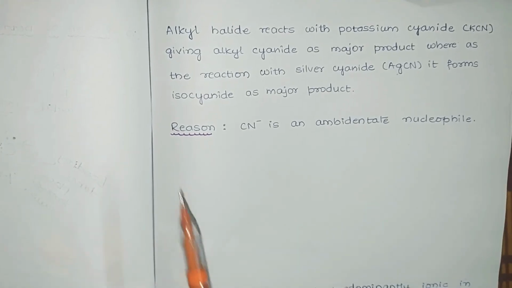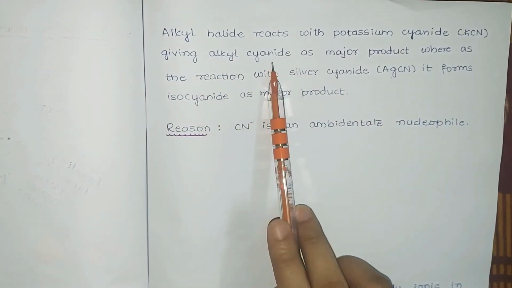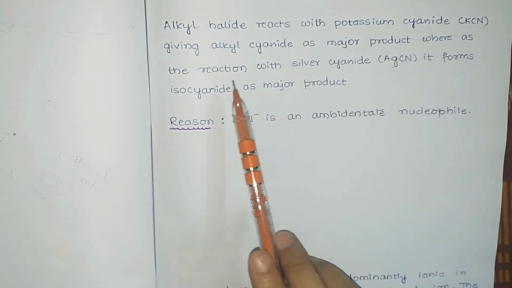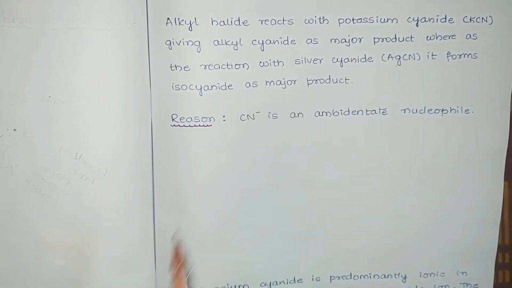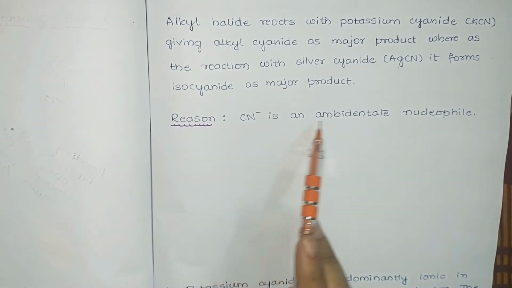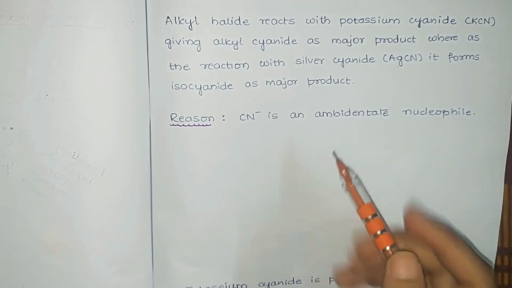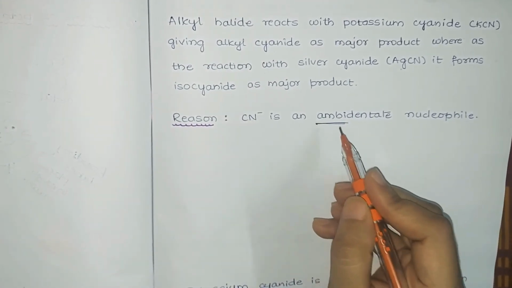As discussed, alkyl halide reacts with potassium cyanide giving alkyl cyanide as the major product, whereas the reaction with silver cyanide forms isocyanide as the major product. The reason for this is that CN minus is an ambidentate nucleophile. The term ambi means it can bond through either of the atoms.